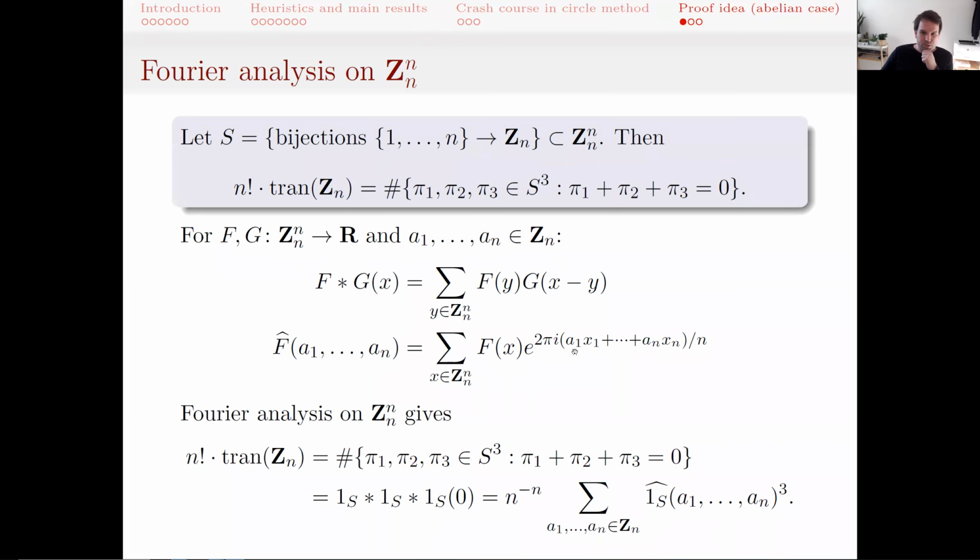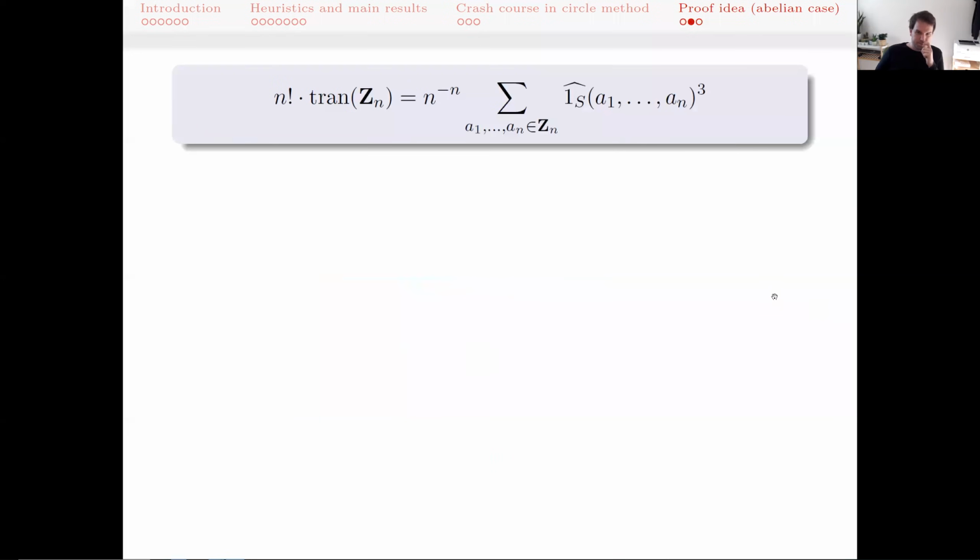So here was the definition for the Fourier transform. So f is the indicator function of S. So x runs over all the elements of S. There are n factorial of them, and when all of these a_i are equal to 0, then this will just be n factorial.